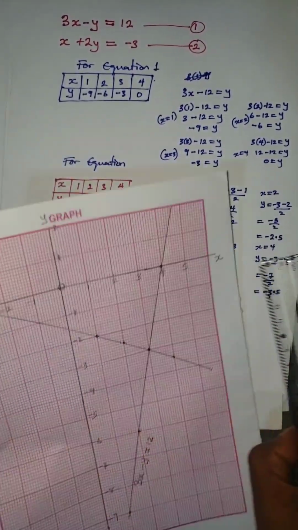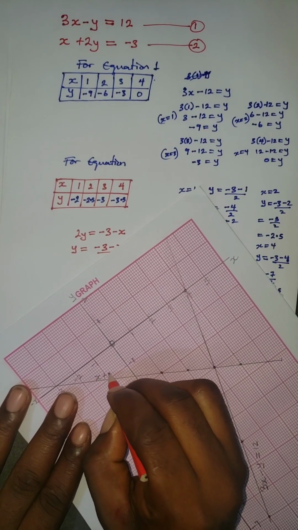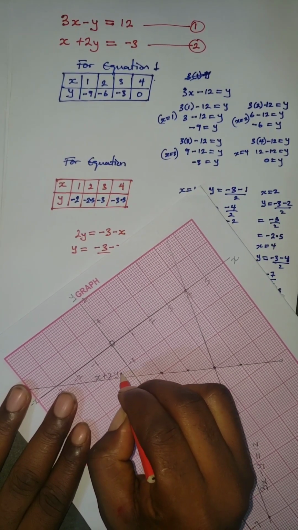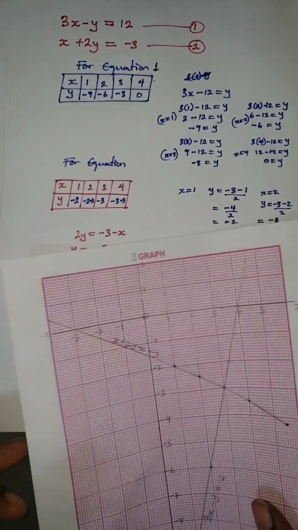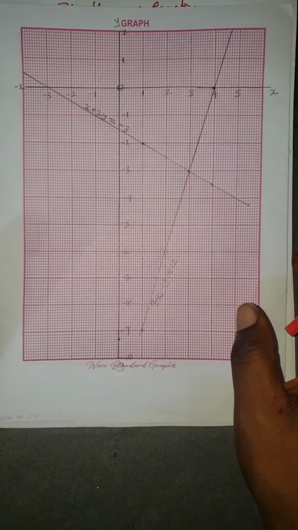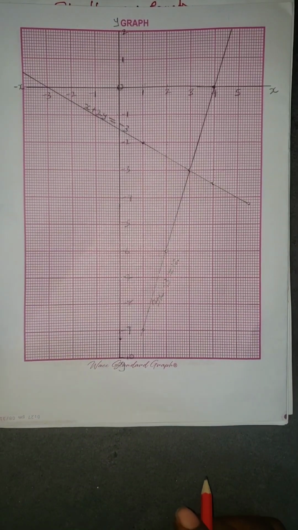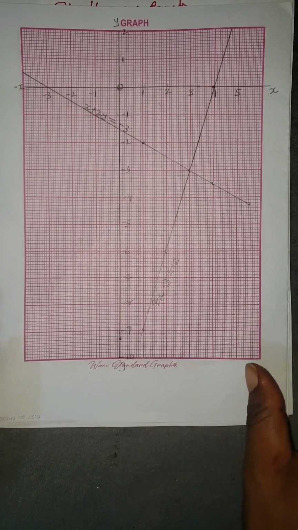So this is my second line, which is for x plus 2y equal to minus 3. So we have gotten our 2 lines. Now the question is, how can we get our solution using this graph?